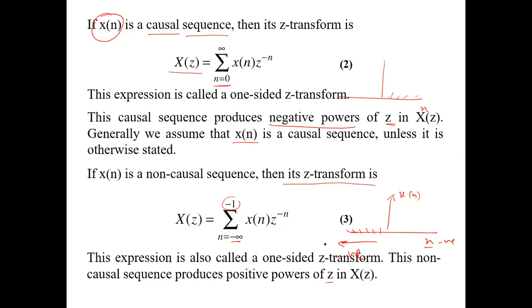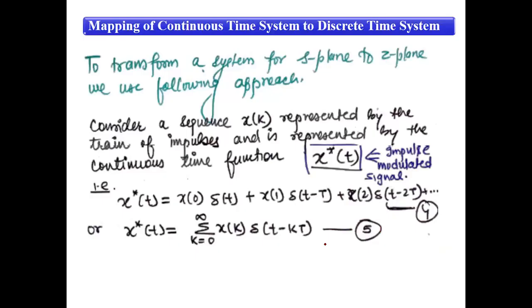However, if it is a one-sided sequence, it could be either causal or non-causal, so it cannot be both. In the case of a causal sequence, we get negative powers of z when the z-transform is evaluated. And if it is anti-causal, then we get positive powers of z in the z-transform of the given sequence.